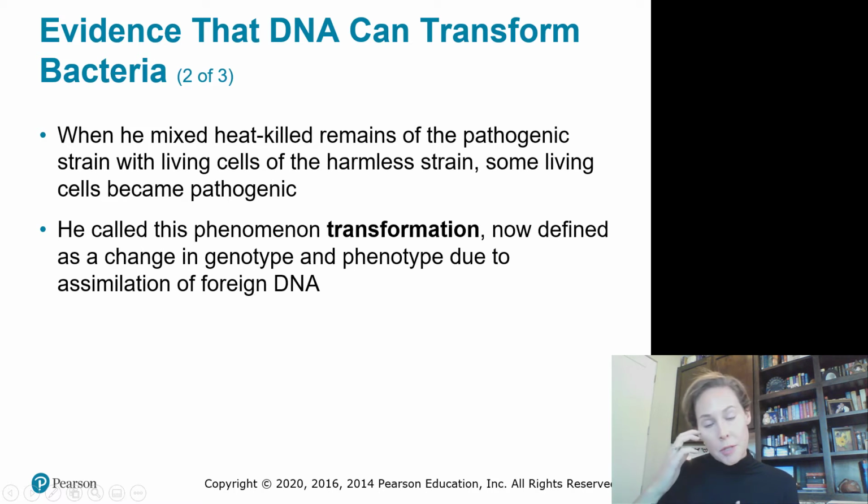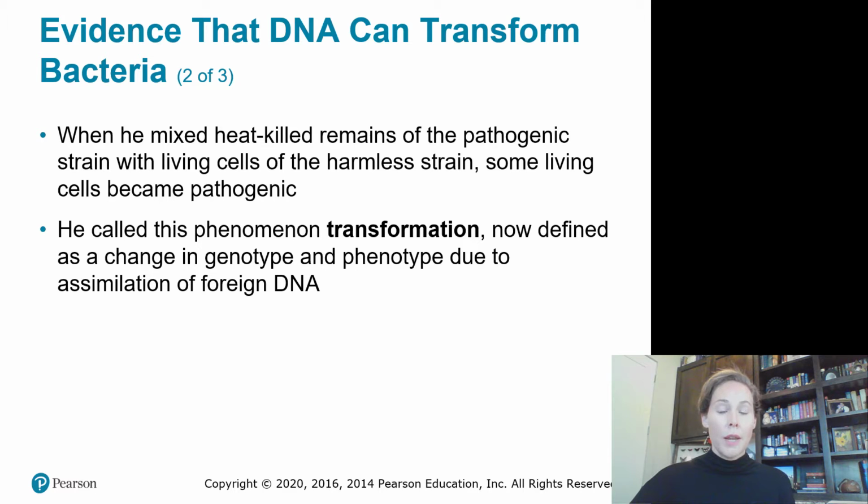And so he mixed heat-killed remains of the bad bacteria, the pathogenic bacteria, into living cells of the harmless strain. And what resulted from that was that some of the living cells of the harmless strain became pathogenic because they now contained the heat-killed, the dead pathogenic strains. And so he called this transformation.